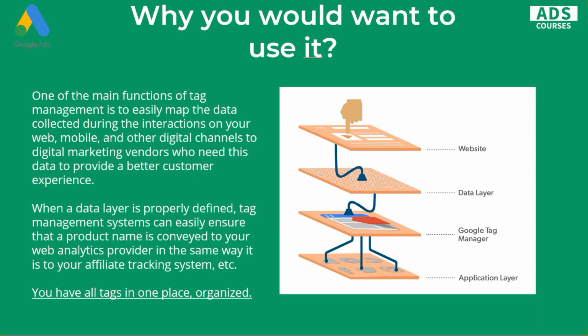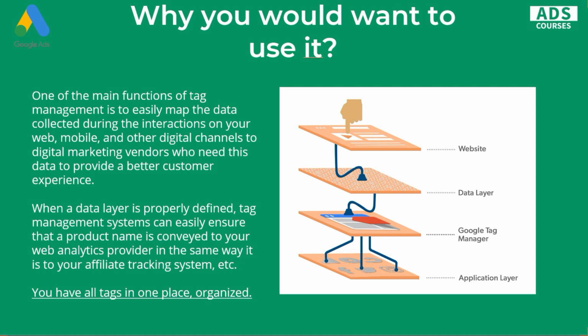And why would you want to use the data layer and a tag management system in general? One of the main functions of tag management is to easily map the data collected during the interaction on your website or your mobile application, and send it to your digital or analytical channels for different goals, for different purposes. It could be a better customer experience, analyzing customer behavior, or just using other platforms and systems.